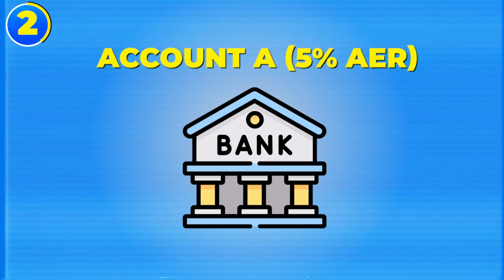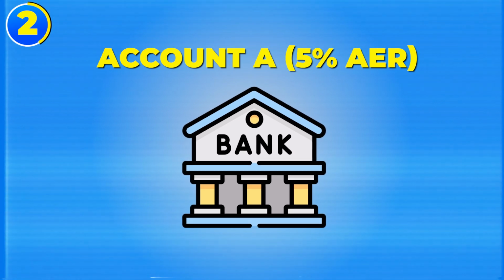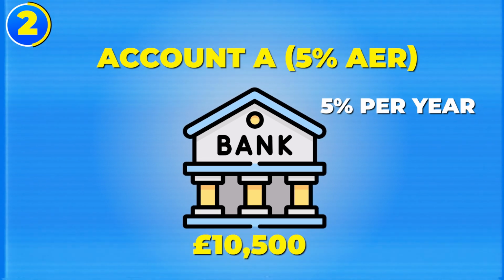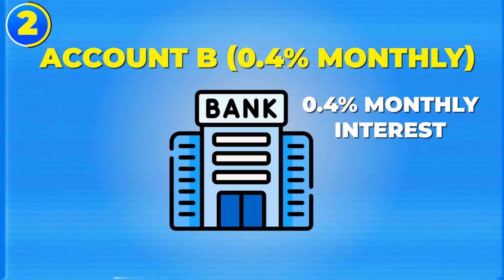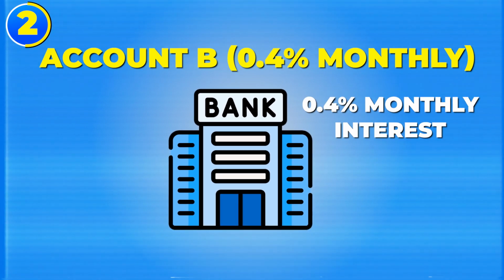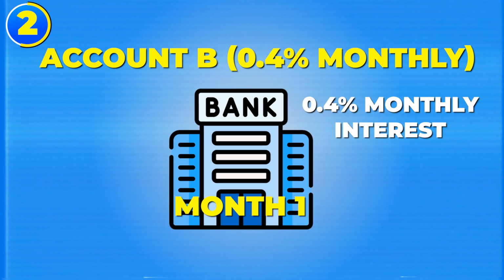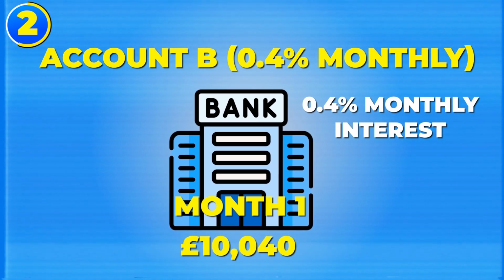The account paying 5% AER, let's call that account A. If you deposit £10,000 in this account, you'll earn exactly 5% over the year, bringing your balance to £10,500. Let's take the other one and call this account B. This one pays 0.4% interest monthly. Instead of simple interest, this account compounds every month. In month 1, you earn 0.4% on £10,000, giving you £10,040.